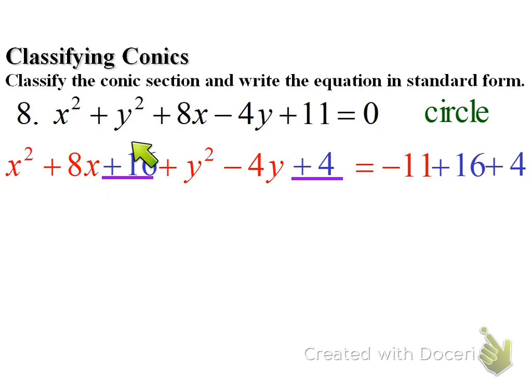Now, let's think of how this would factor. What are two numbers that multiply to 16 and add to 8? 4 and 4, right? So I could write this as x plus 4 squared, which means my center has an x value of negative 4. It's like minus negative 4.